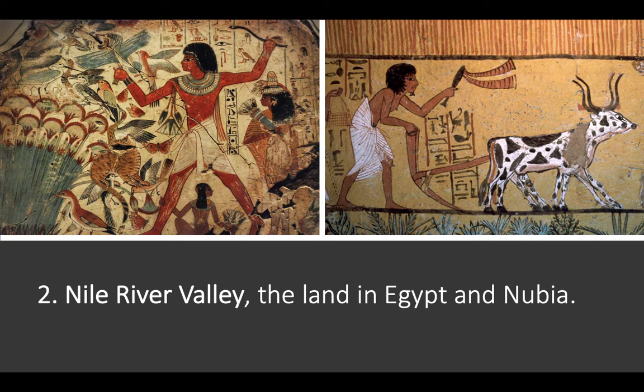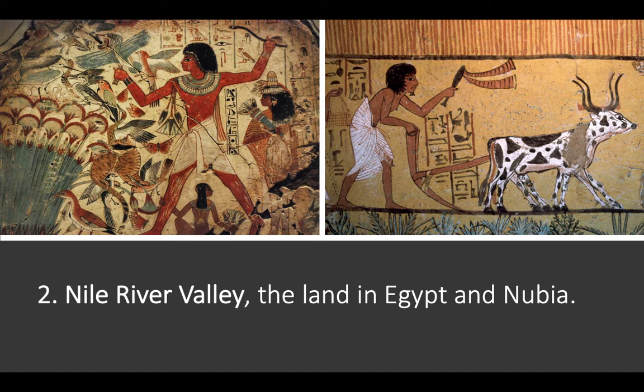Here's another ancient civilization that you are familiar with because of your Bible stories. So this is the Nile River Valley. This is the land in Egypt and in Nubia. And Nubia was the old name for what we now call Sudan. For the Nile River Valley, they were good at growing wheat and barley.